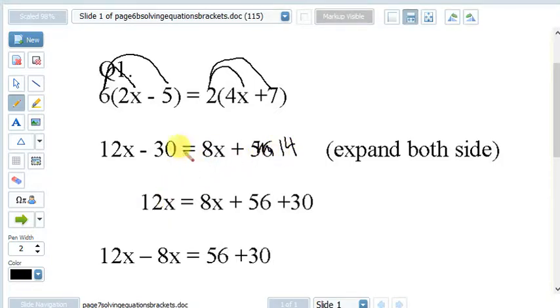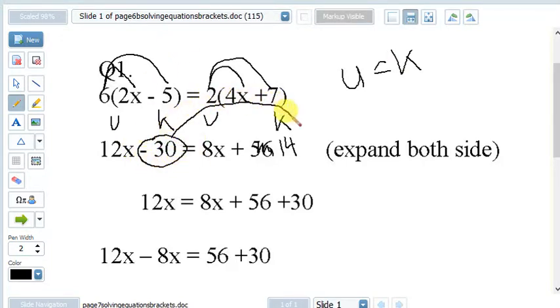Okay, so next, we've got to label our unknowns and knowns. Okay, so what I'm going to try and do is get unknowns on one side and knowns on the other. So first of all, in order to get my knowns on the right hand side, I have to circle this known here and move it across here like so.